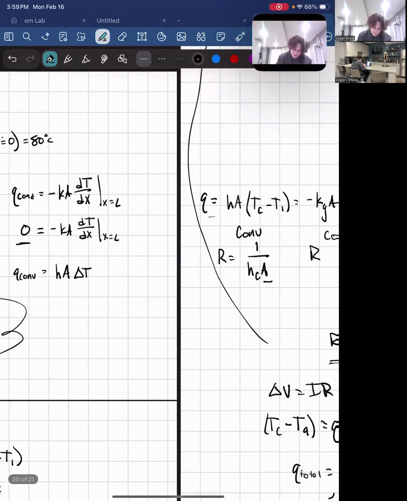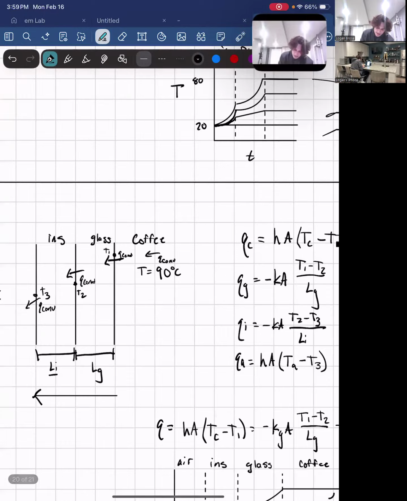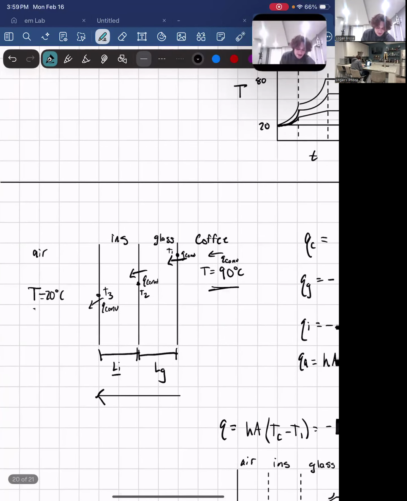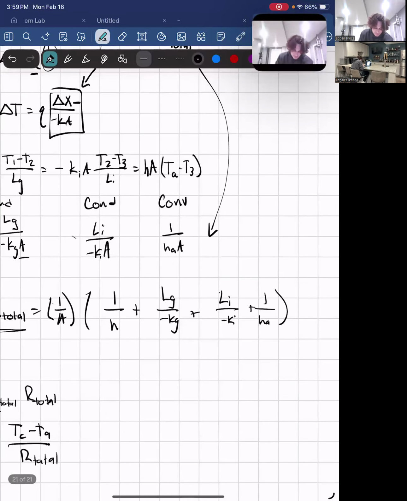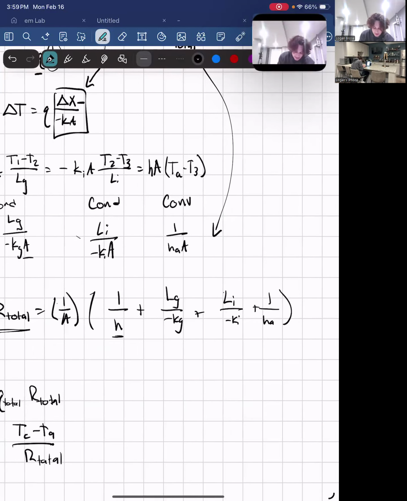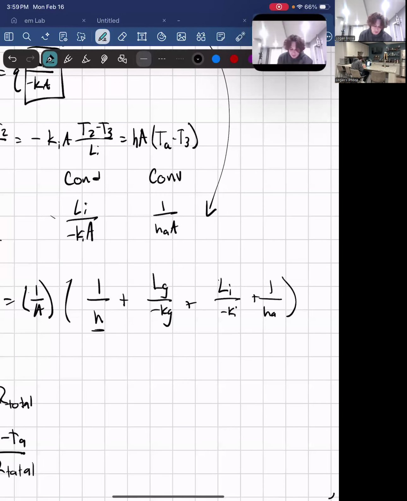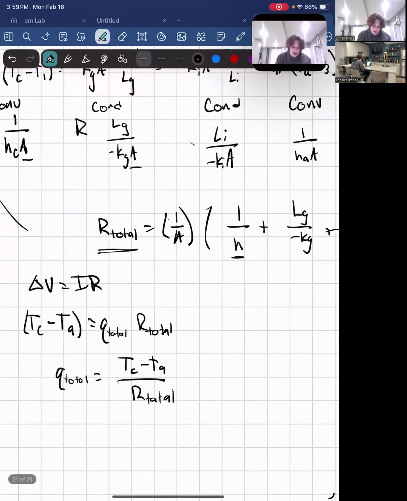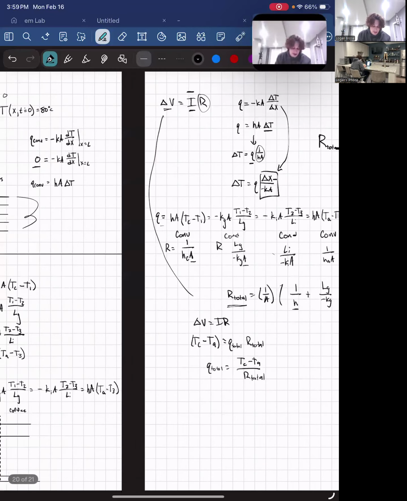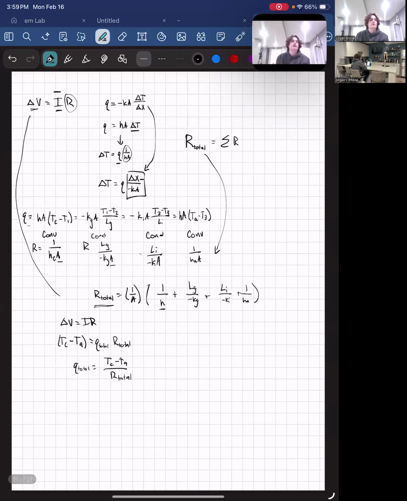And if we look back at the problem, we had our TC, we have our TA, and all of these values, our length, our height, those are all values that will be given or you can find within a problem. If you're looking at a coffee cup, you can measure the coffee cup. You can find your total length. You can find your area.